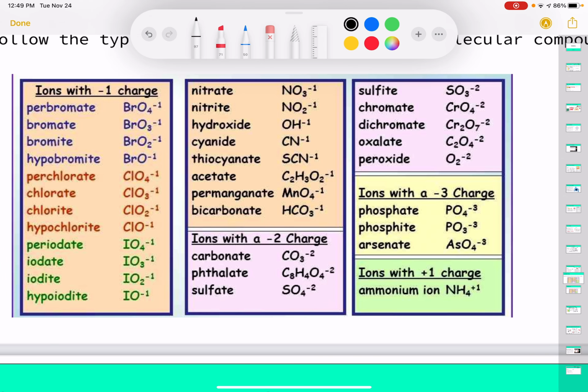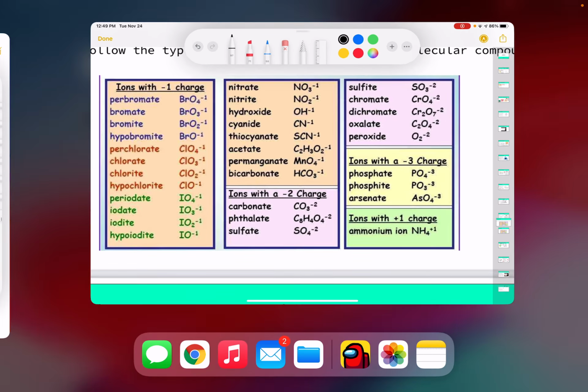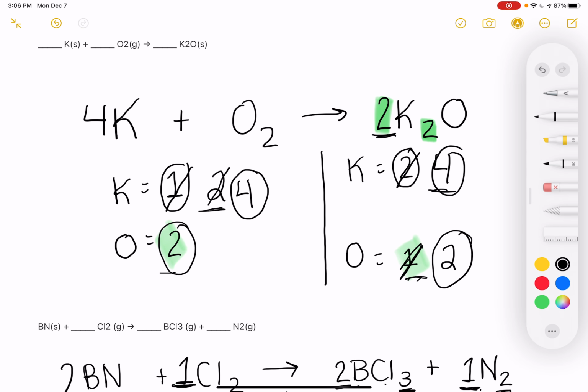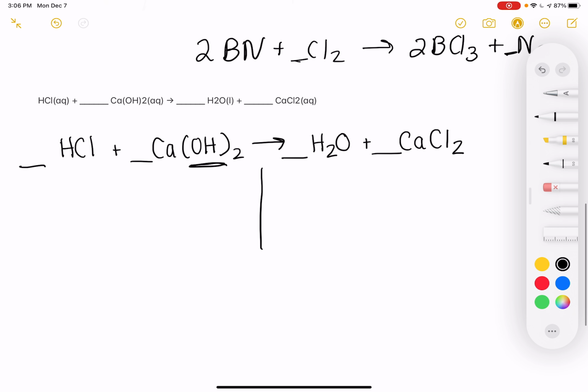So if we can pick those out in our reaction, then sometimes we don't have to actually split them into the elements like I have in the past. Before I would write down H, Cl, Ca, O, and then H. But OH is actually a polyatomic ion. So if we want to keep that together, we can, but only if it's OH on the other side.